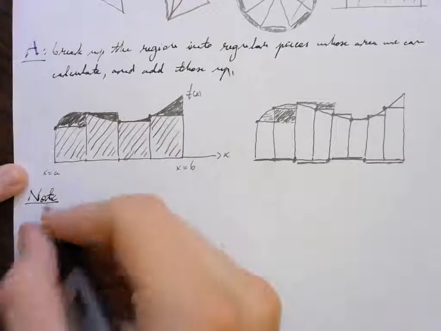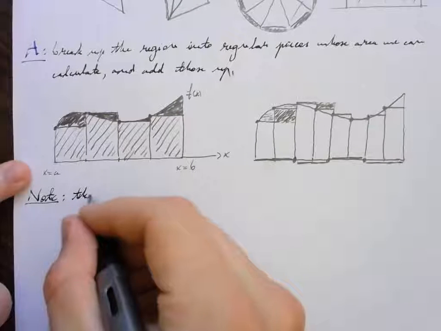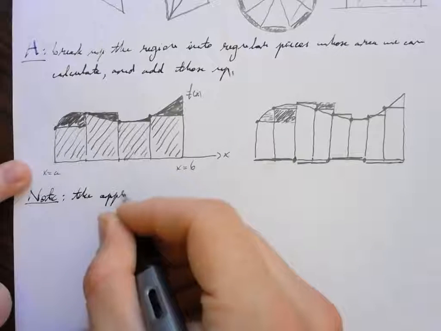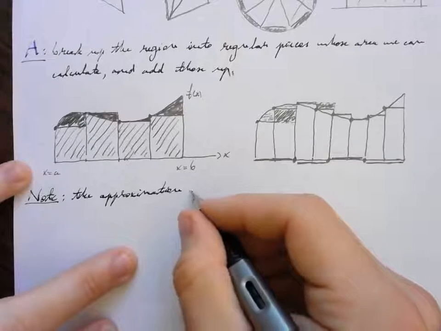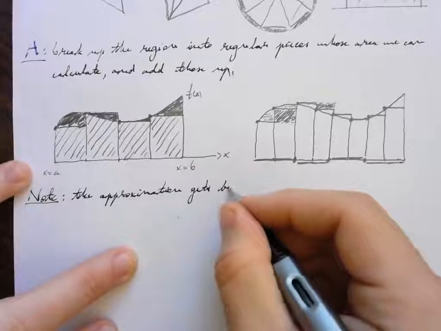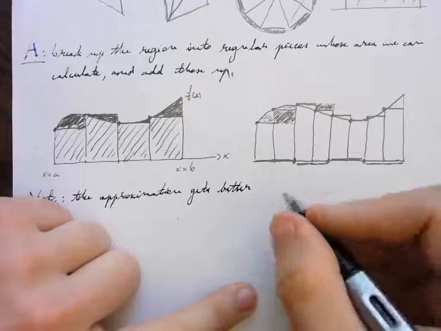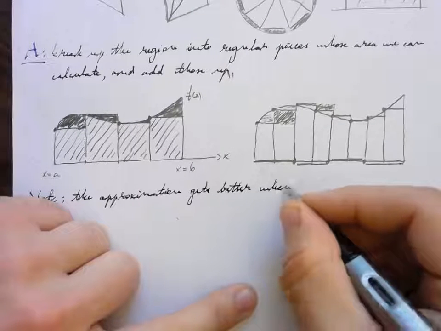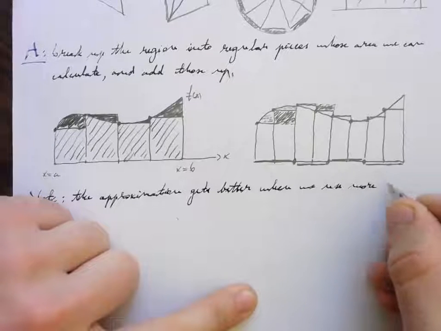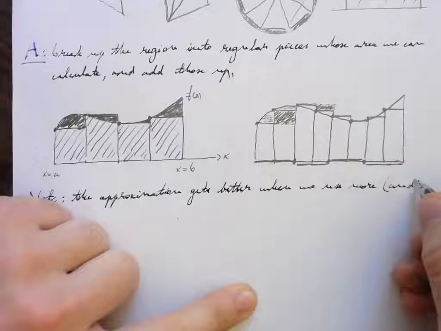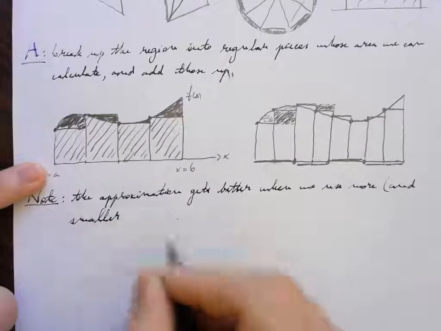So the key thing to note here is that it looks like the approximation gets better when we use more, and therefore smaller, rectangles.